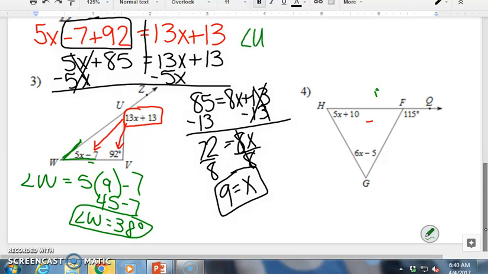So angle U is equal to 13 times 9 plus 13. So I get 117 plus 13. So 130 degrees.